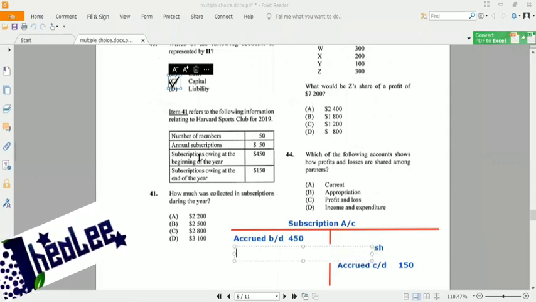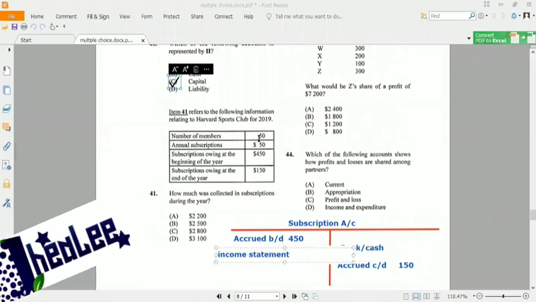So the annual subscription would represent what we put in our income statement. And that would be the 50 members times the $50 that they pay. How much did you get? 2,500.